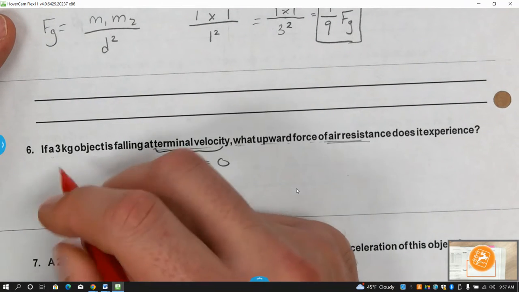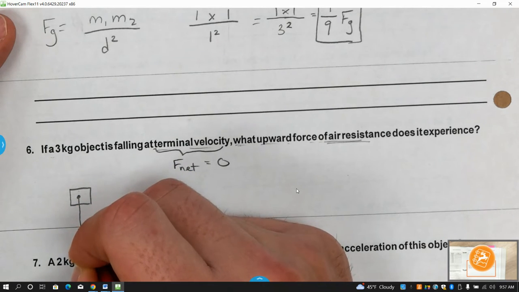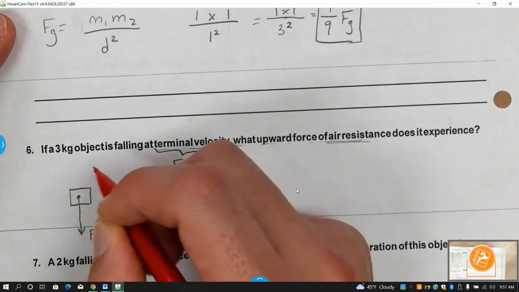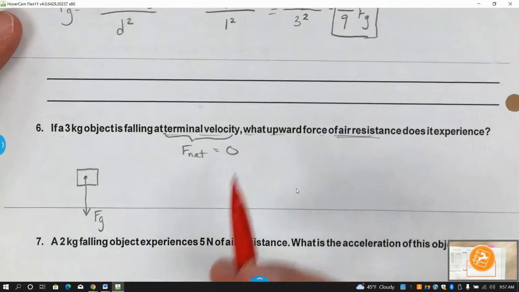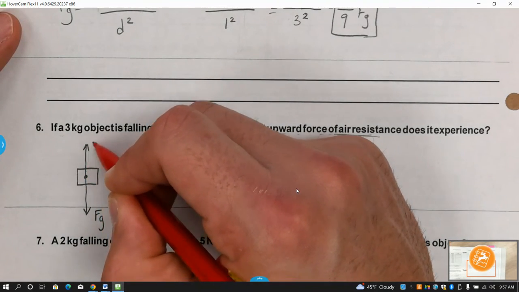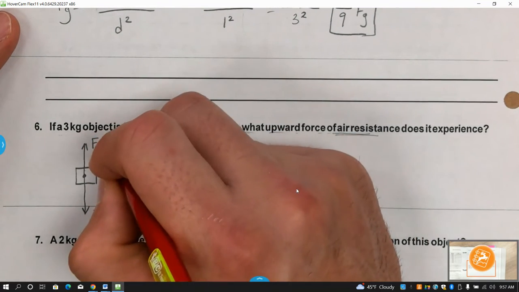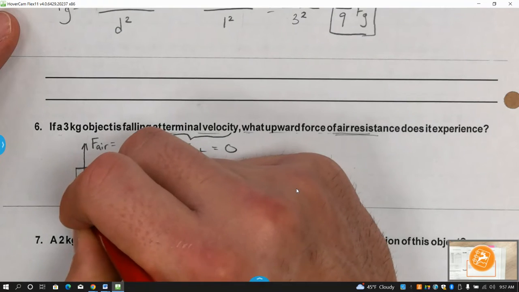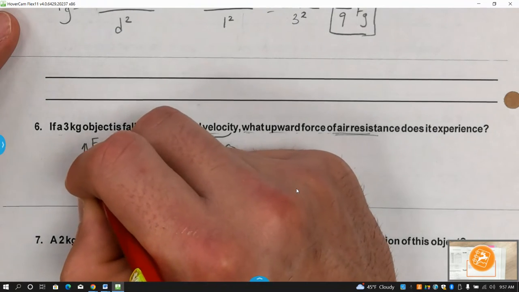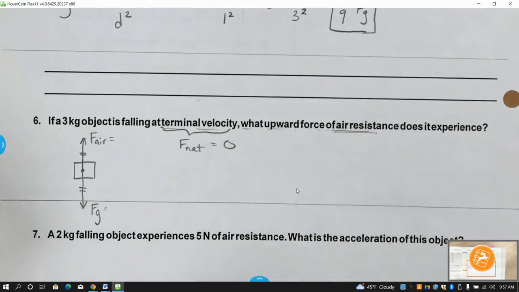What force vector always goes straight down? Force of gravity, so Fg. Now, since the F net is 0, air resistance, F sub air. We don't know what the values are yet, but we do know that they both have to be equal to each other.